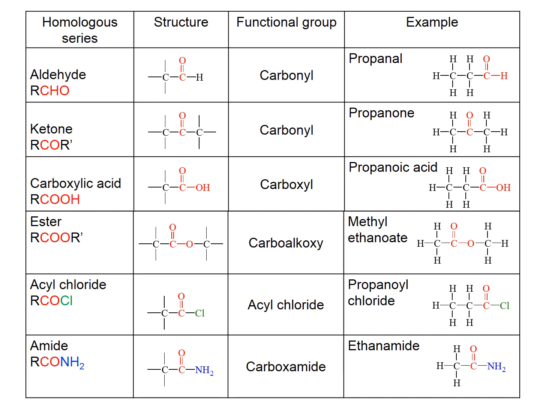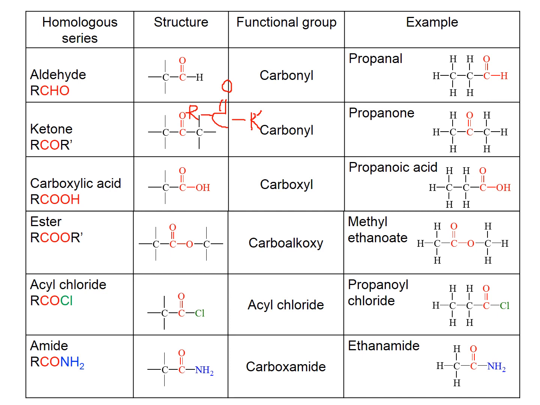Ini ialah ketone, C double bond R. So this is the difference between aldehyde and ketone. So this is your ketone. R2 ialah representative that represents an alkyl group.